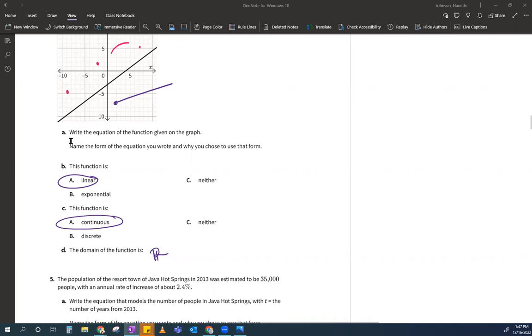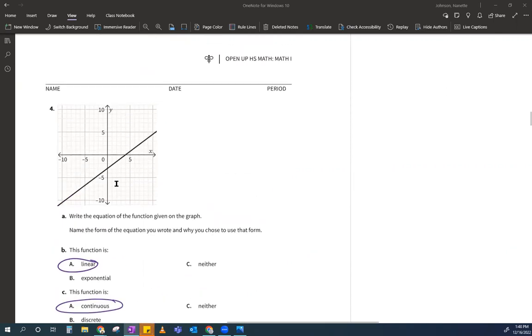Let's continue. Which form would you rather use? Looking at this equation, which form would you use? Oh, okay. People said y equals mx plus b, the slope intercept. That makes sense because I can find my slope and I see my intercept. Now, someone said, no, I really want to use slope point.